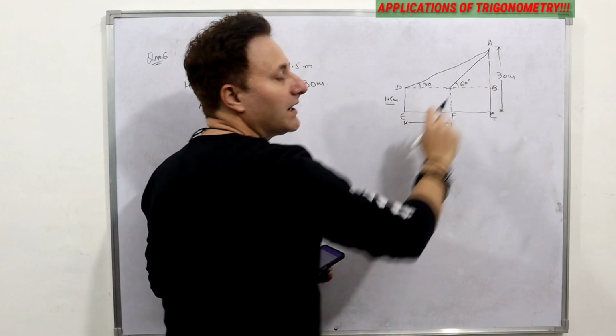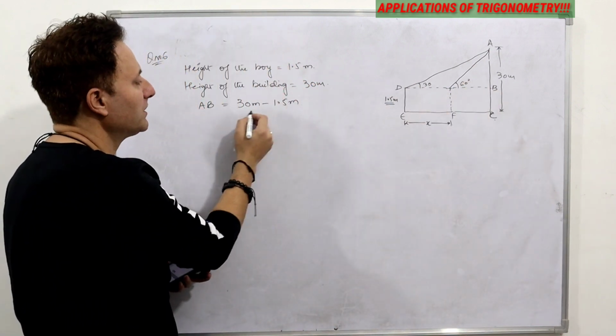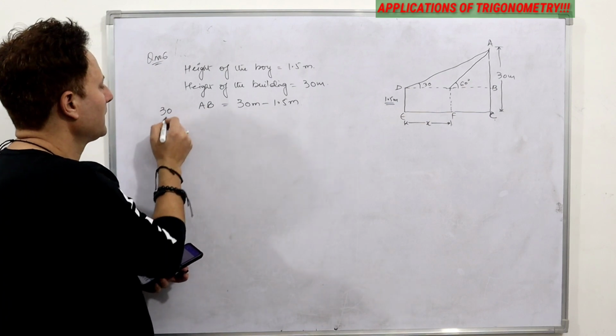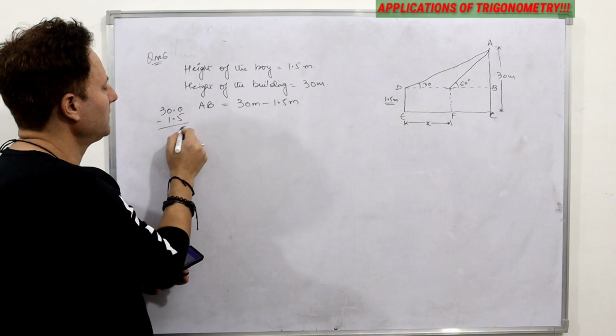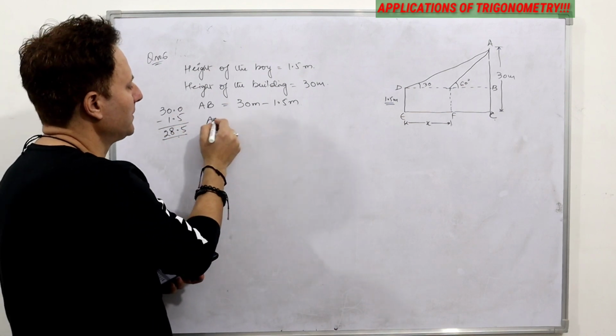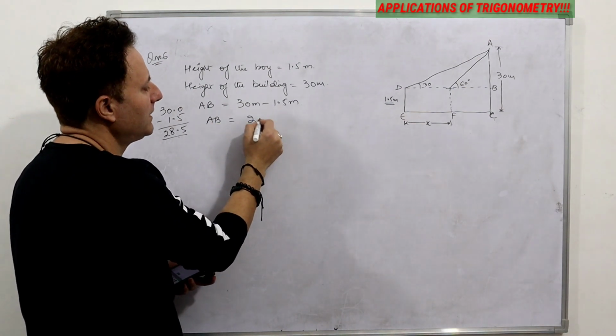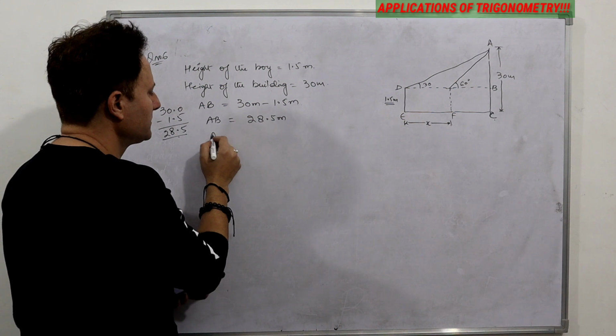So we are just deducting this from this particular building. So 30 minus 1.5, that is 28.5 meter. So what do we have AB as? 28.5 meter.